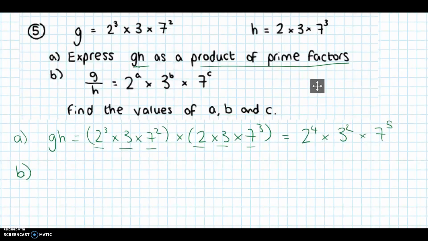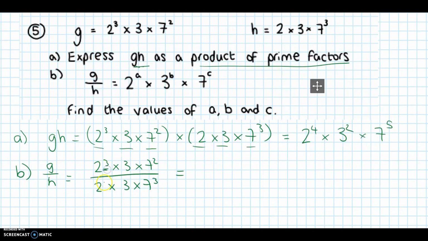And then for B, it's just saying, if G divided by H is this, find the values of A, B, and C. So G divided by H will simply be 2 cubed times 3 times 7 squared divided by 2 times 3 times 7 cubed. So remember, when we divide, we subtract the little indices.